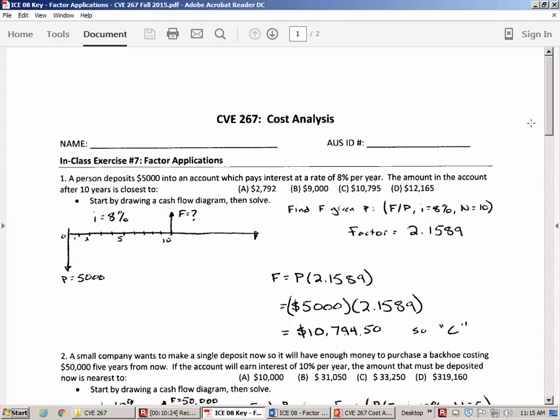In the back of the book, I don't think there's a table for this one. But there is in the back of the book. For example, if we had a problem where I was 12% per year, and N equals 10 years, and you have monthly compounding, here's how you do that one.